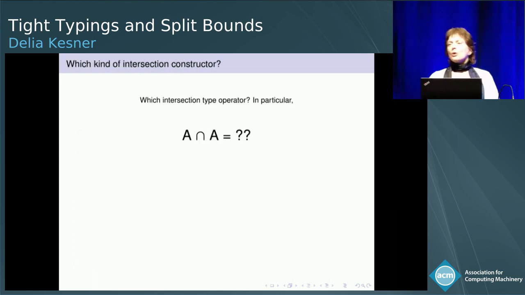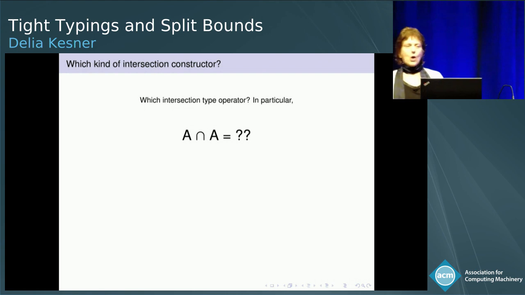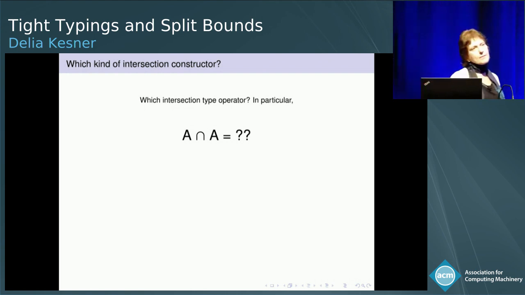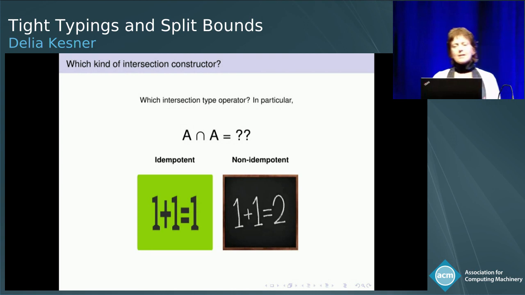So now, what is the intersection operator? The intersection operator has some properties, typically associativity and commutativity, but there is a choice to be made between idempotence and non-idempotence. So there are two different schools or ways to deal with that.